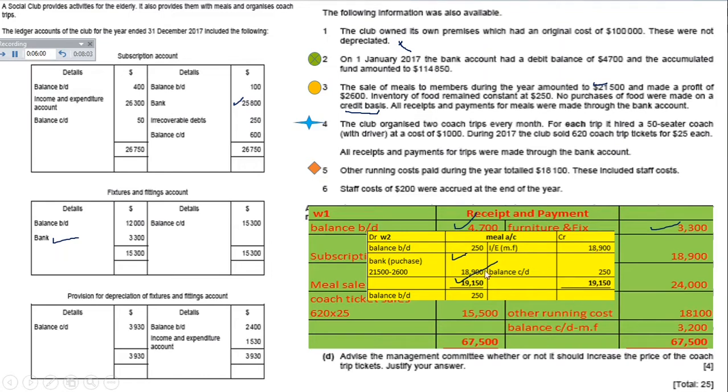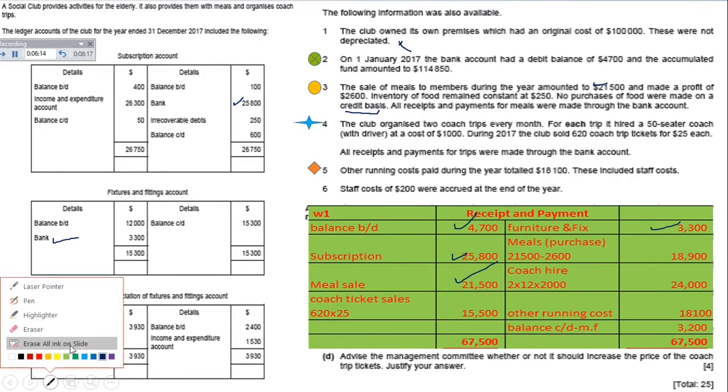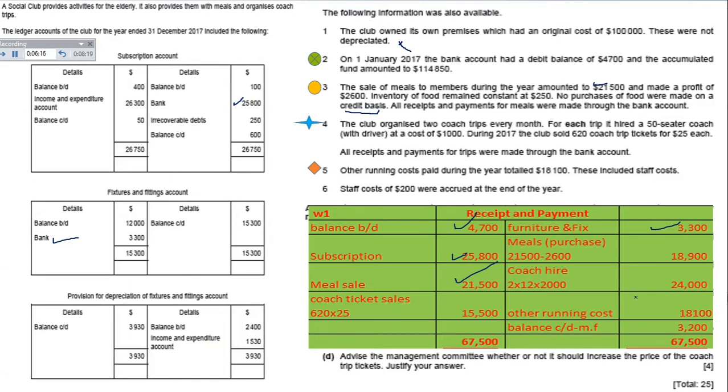Both are same, so you don't have to worry about this, 18,900. So basically we are going to show 18,900 as cash outflow. So that's why you have 18,900 as cash outflow out here. So I think you understood this as well. So now 3 is done.